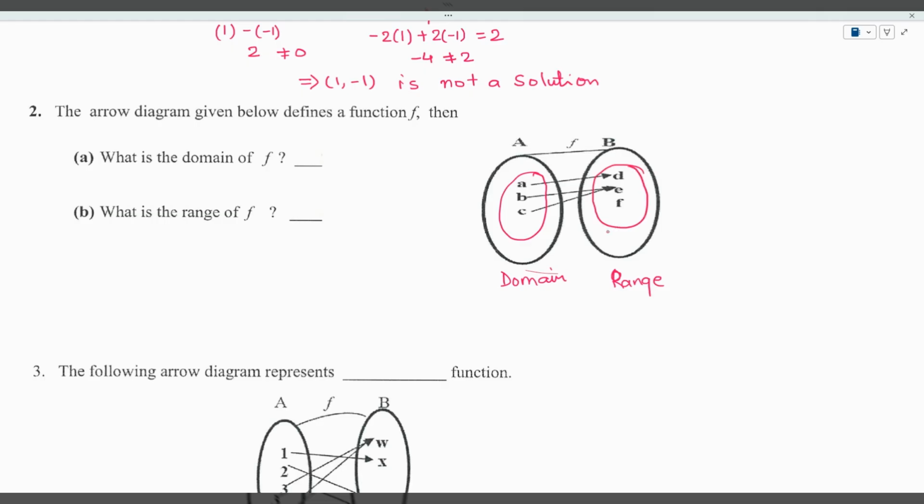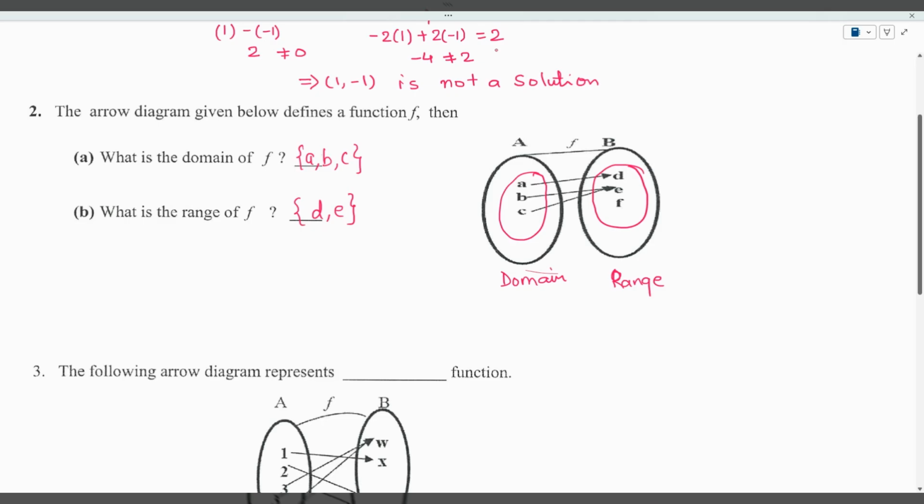So what is the domain of f? The domain will be a, b, c. And what will be the range? The range will be d, e. We will not take f because this output value is not taking any point in the domain.